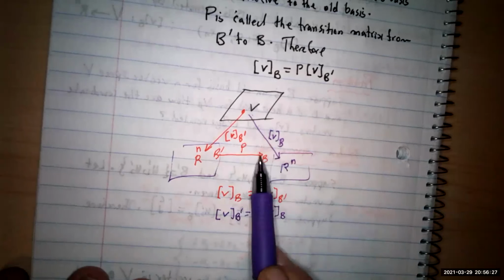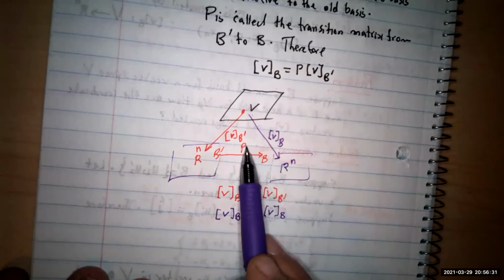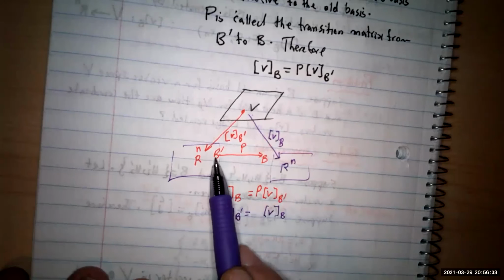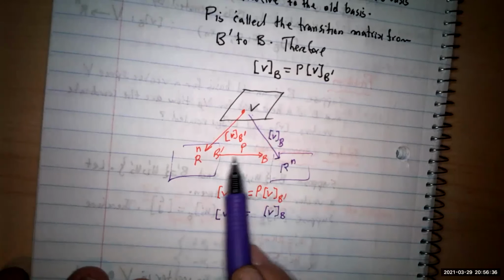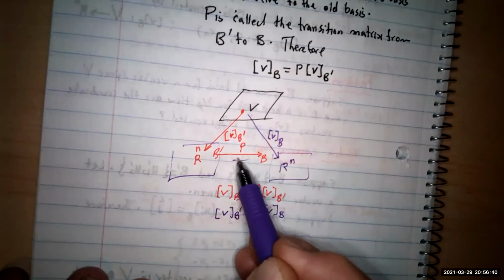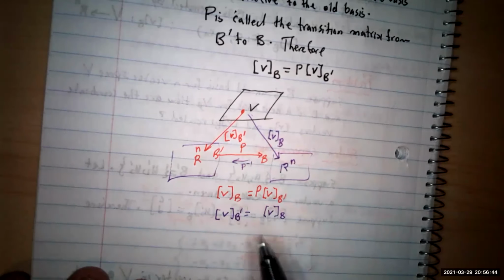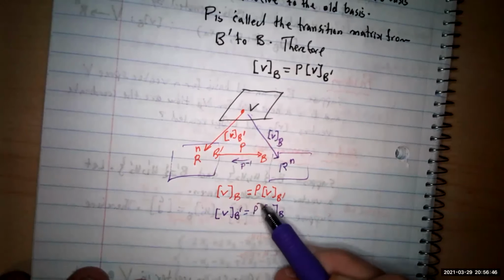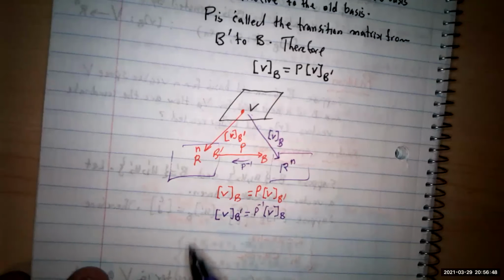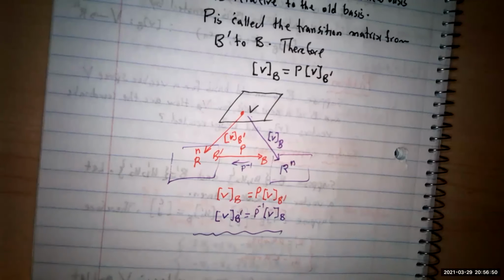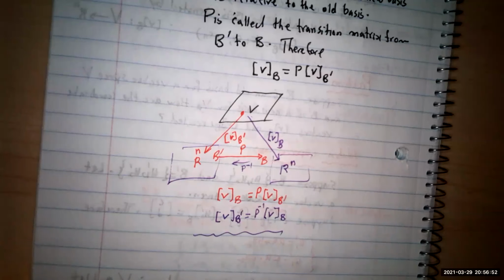If you come here, your direction is different. This P is from B prime to the B. You want it the other way around, so you have to go the other side. When you go the other side, you have to consider the inverse of this function. So that gives you P inverse. Very nice interpretation of this idea that we put them together.